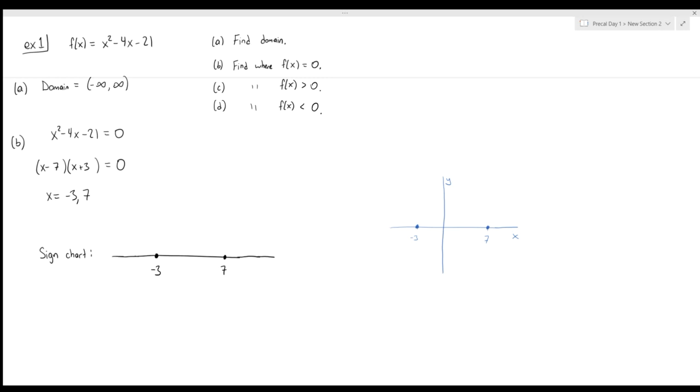So to determine where it's positive and where it's negative, we just need to pick a test point in each of the 3 intervals and plug that test point into our function to determine its sign in each of those intervals. So in this interval to the left of -3, I'll pick a number to the left, let's say -4. And between -3 and 7, pick a number in between them. 0 is a nice number for that. And then we'll pick a number to the right of 7. Let's use 8.